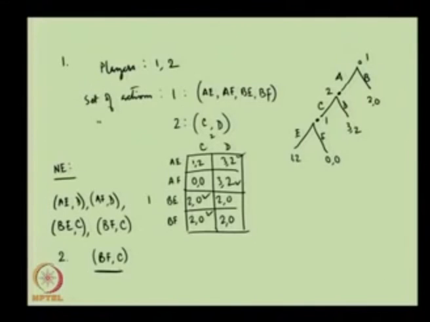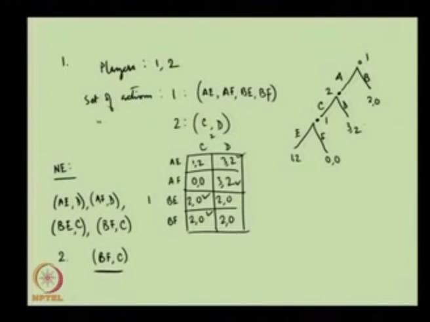This is a Nash equilibrium, because given player 1 is playing B, player 1 is getting 2, player 2 is getting 0. Player 2 can choose either C or D, it does not matter, because he is anyway getting 0 when player 1 takes the action B. So, he chooses C.